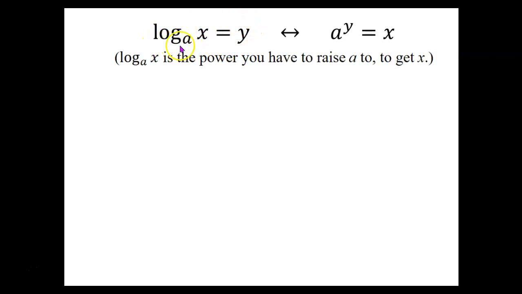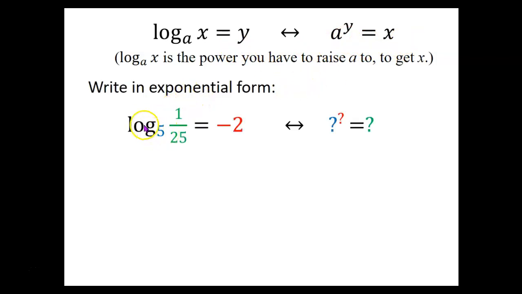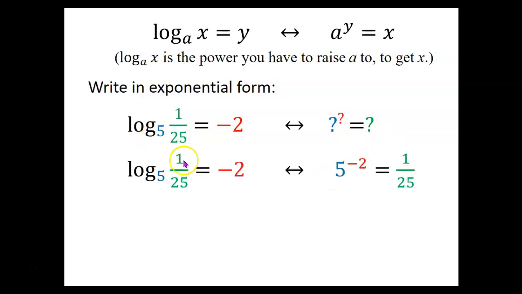You can express it in logarithmic form or in exponential form, and you can translate back and forth. So if we start with log to the base 5 of 1/25 equals -2, how would you write that in exponential form? What to the what power equals what? Answer, 5 to the -2 power equals 1/25.